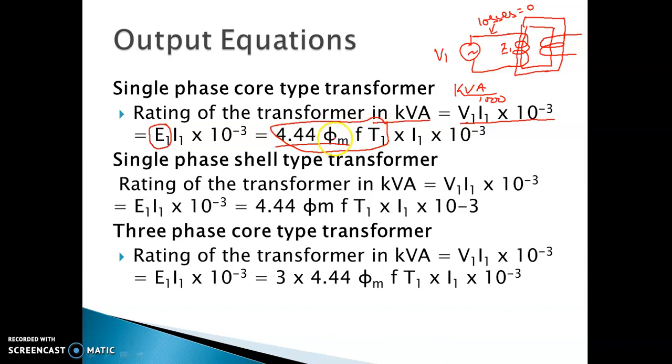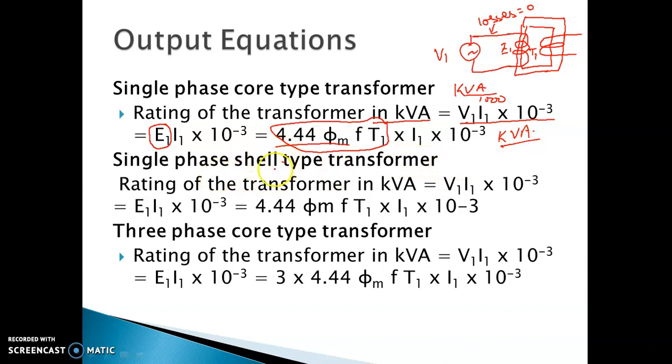F is the frequency, phi m is the flux, T1 is the number of turns on the primary side. This is called the induced EMF in the primary, multiplied by I1, with 10 to the power minus 3. This will be in kilovolt ampere, kVA.